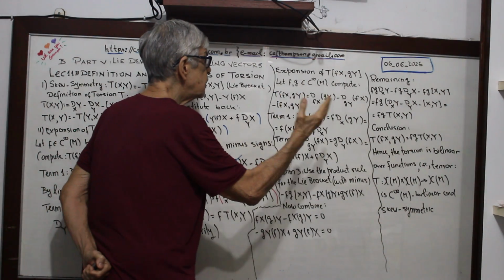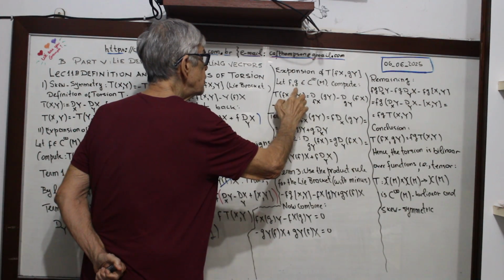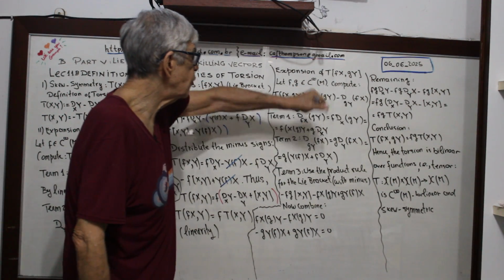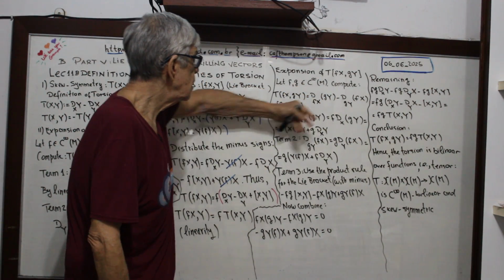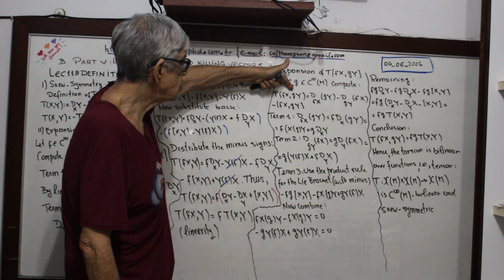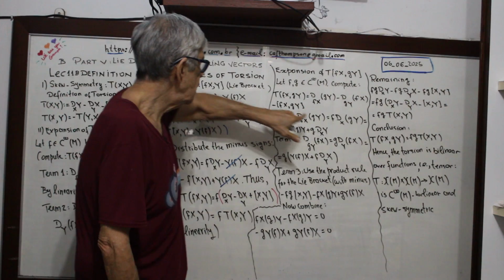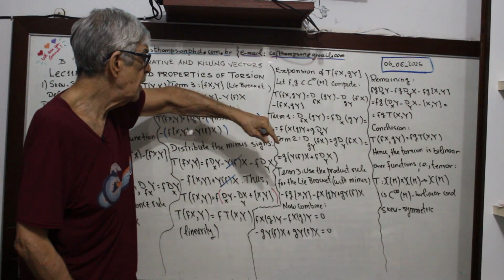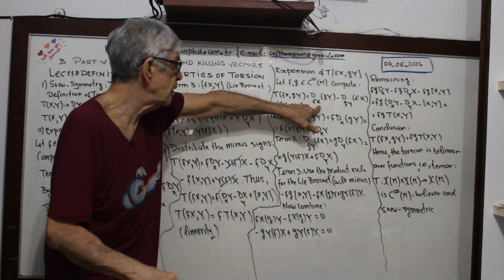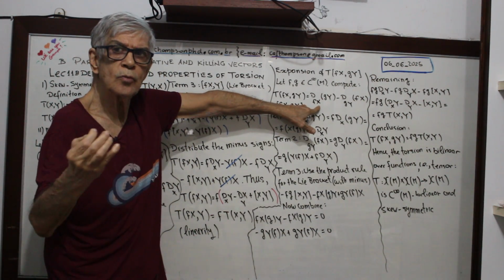Now let's obtain the expansion of T(fx, gy). f and g belong to the smooth functions, C infinity of M. Then I compute. I just apply the definition of the torsion. These are the covariant derivatives, and this is the Lie bracket. You just substitute the vector x by f applied to x, and vector y by g applied to y.